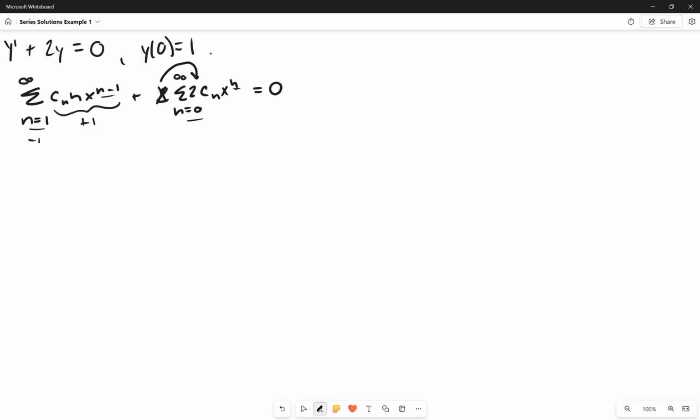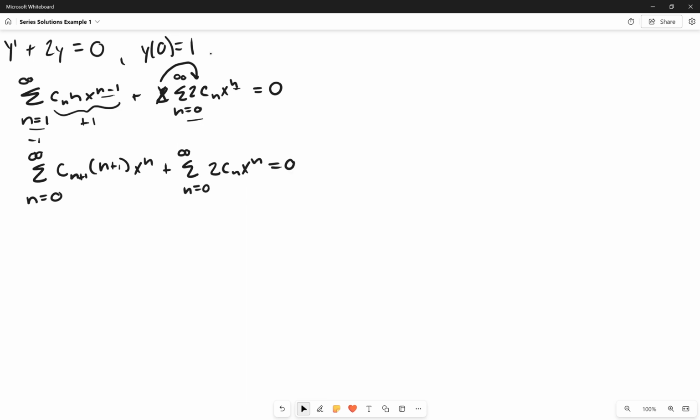Anywhere I see an n inside of the first sum, I'm going to add 1 to it. So if I do that in one step, and do it in 1, this just becomes the sum from n equals 0 to infinity of c sub n plus 1 times n plus 1 x to the n, right? And we're going to do nothing to this over here because it already has what we want.